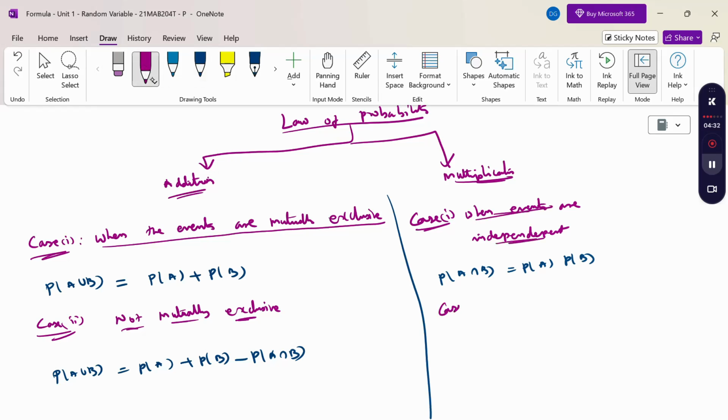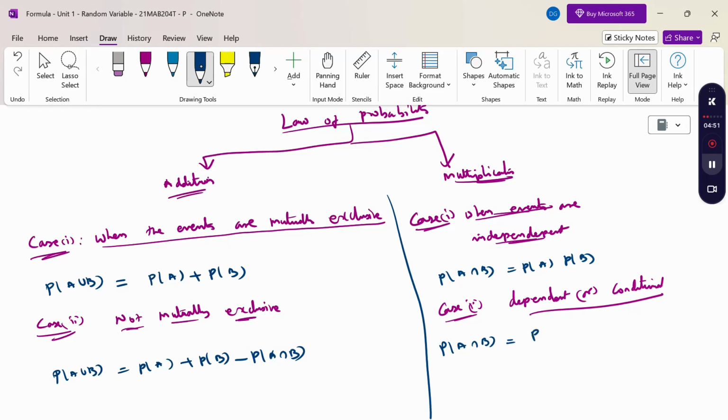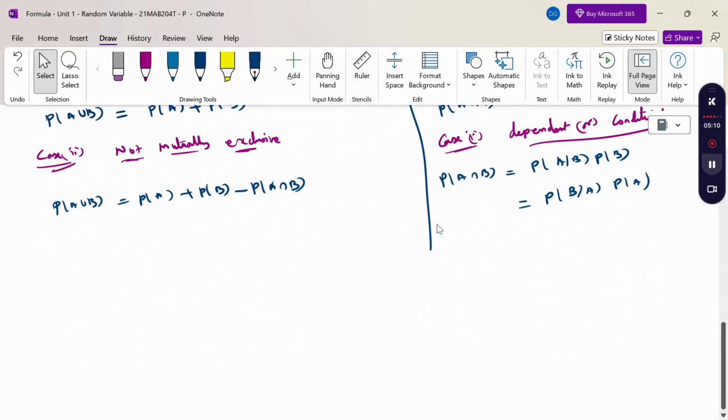And case 2: when events are dependent, or conditional probability, probability of A intersection B equals probability of A given B into probability of B, or probability of B given A into probability of A. So this is the multiplication law.